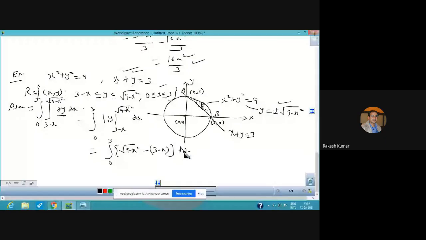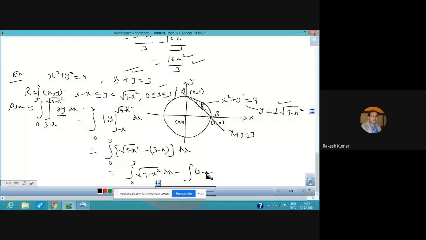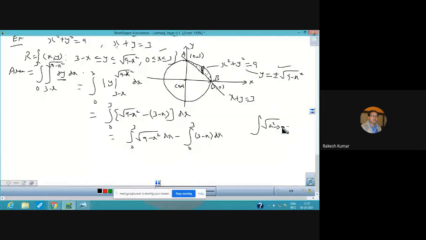Now you can integrate with respect to x. And for integrating with respect to x, write down the separate integral, that is minus 3 minus x dx within the limits 0 to 3. Now here you can use the formula. The formula of integration is for square root a square minus x square, and what is a here?